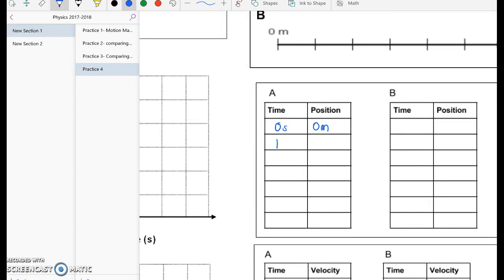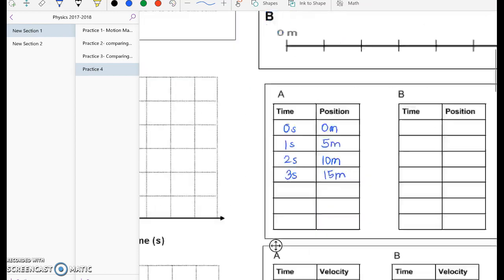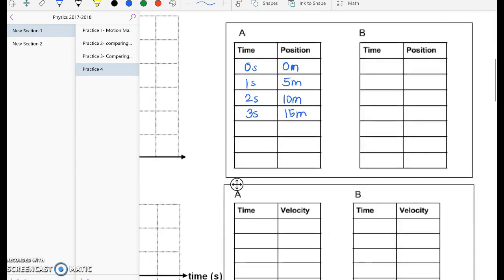So that means at 1 second, he had traveled 5 meters. Then at 2 seconds, he had traveled another 5 meters, so that would be 10 meters. And then at 3 seconds, he had traveled another 5 meters, so that's 15 meters. And we want that to be our total displacement. So we have reached our goal here.